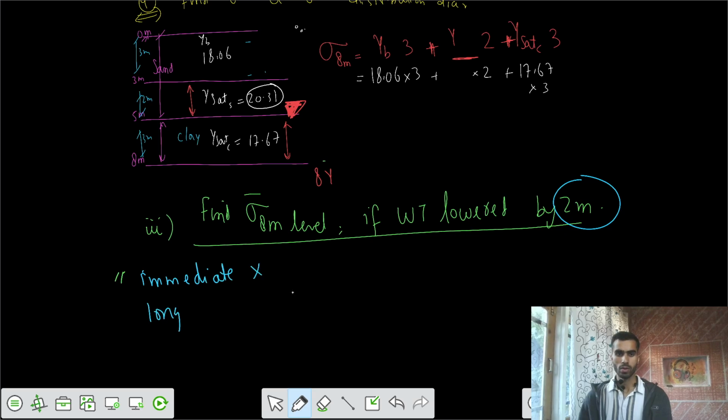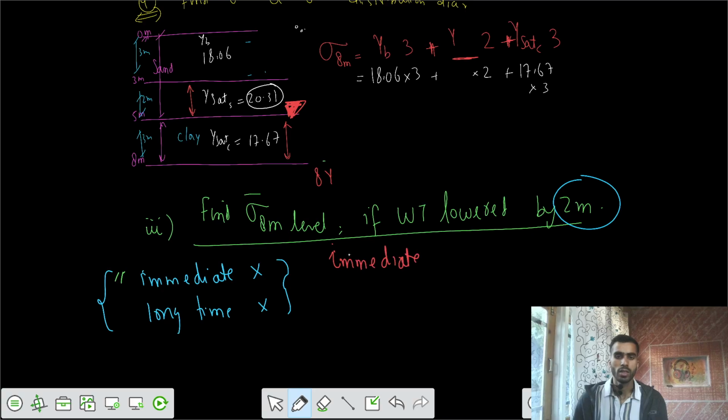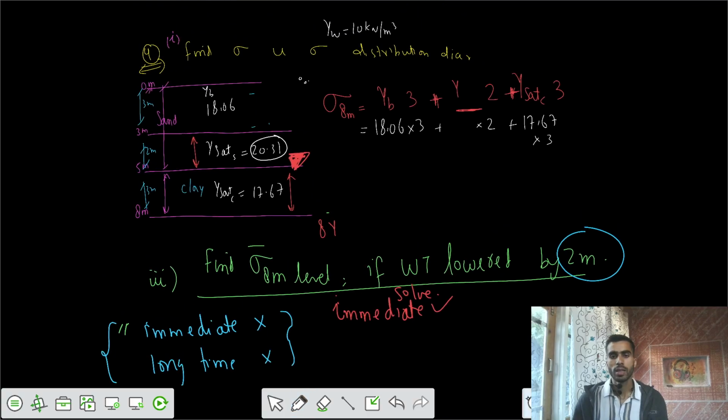We don't know these two conditions, so we can assume either. If I assume the immediate condition, my solution would be based on the immediate condition. I would solve for the immediate condition.